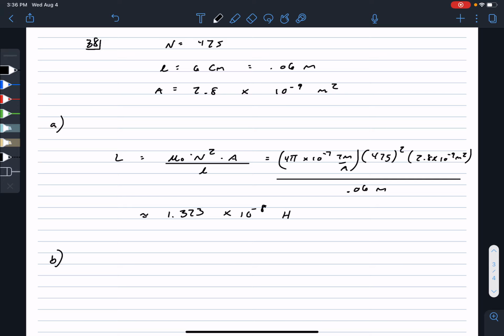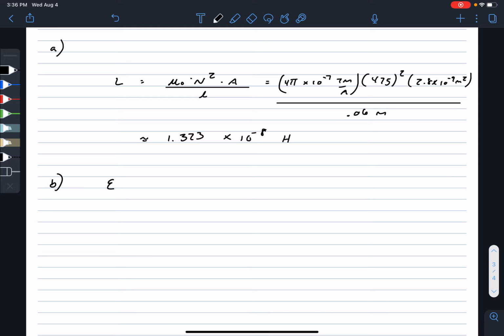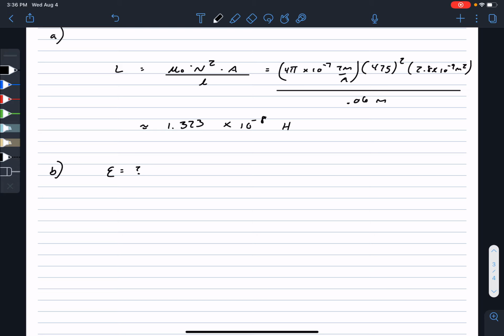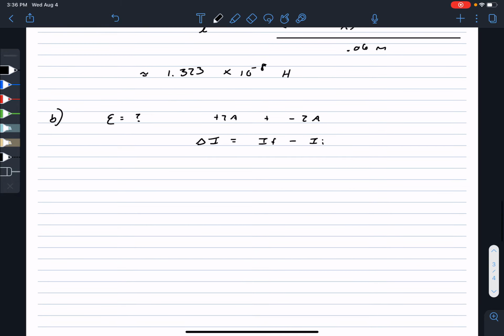Okay, and for part B, we are asked to find the EMF. We're told that we have a range of a current that goes from positive 2 amps to negative 2 amps. So we have a delta I, which is equal to I final minus I initial, is equal to negative 2 amps minus 2 amps, which is equal to negative 4 amps.